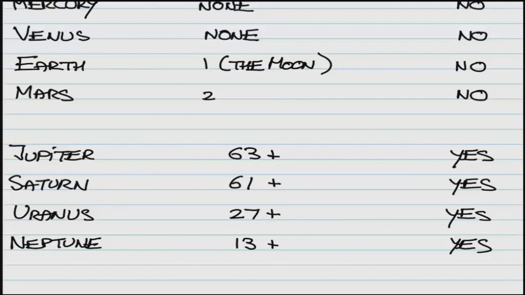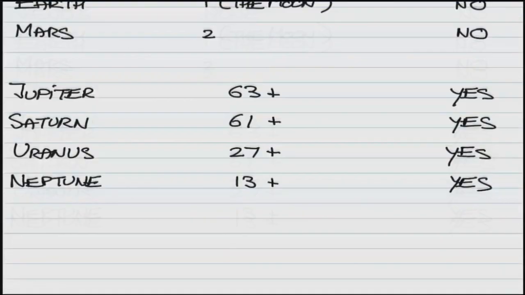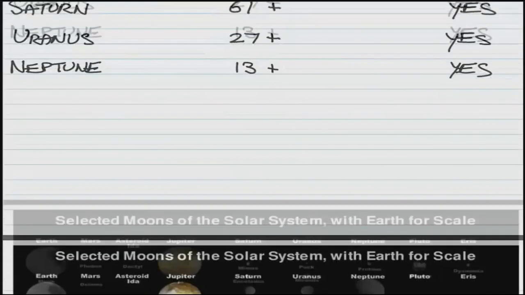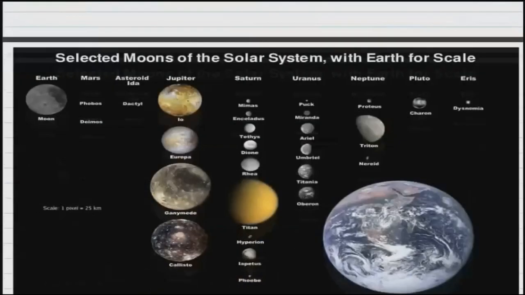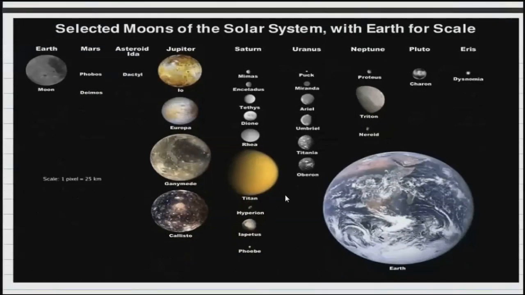So, some images. Here are some selected satellites in the solar system, and our Earth here, and everything is presented to scale, so you can compare the size of these different satellites to the size of our Earth.